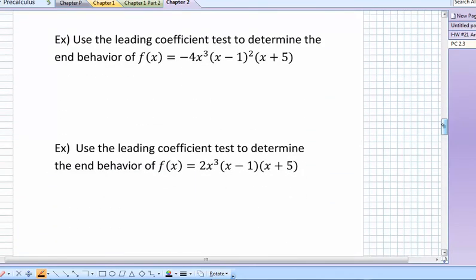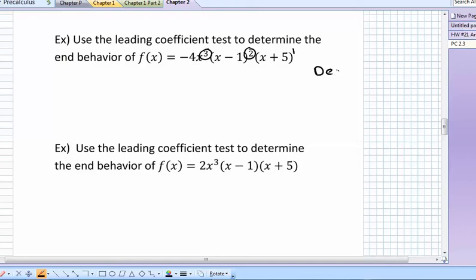So here's a different one where it says use the leading coefficient test to determine the end behavior. Now, when there's more than one power here, notice how it's negative 4x to the third times x minus 1 squared times x plus 5. Notice these are all multiplied. To get the degree, you add the exponents. So notice it's 3, 2, and 1 here.